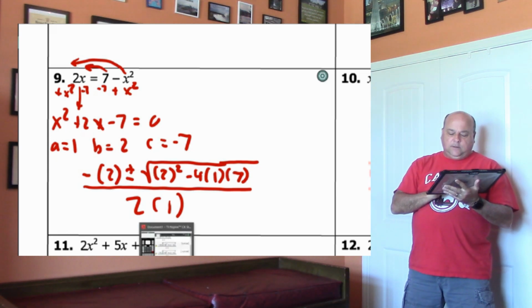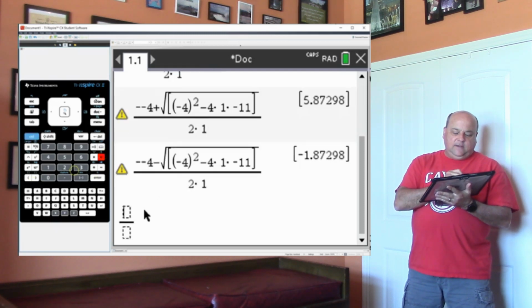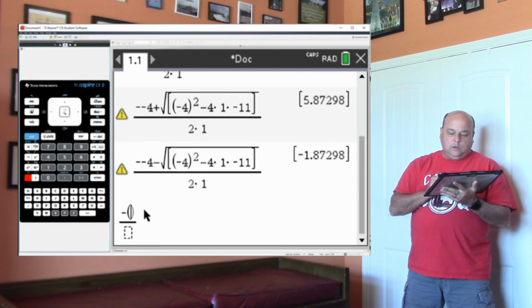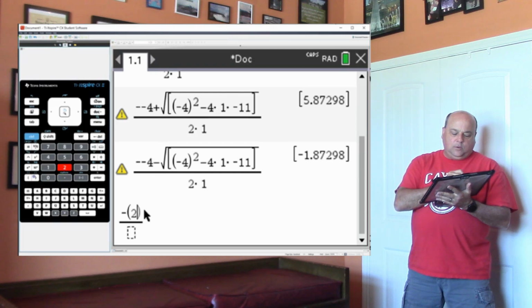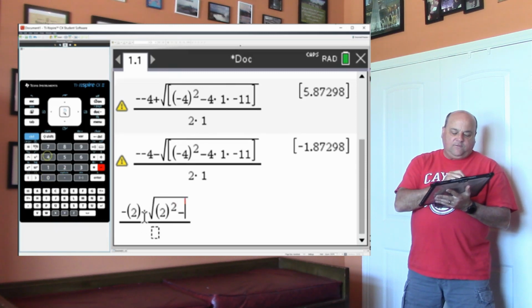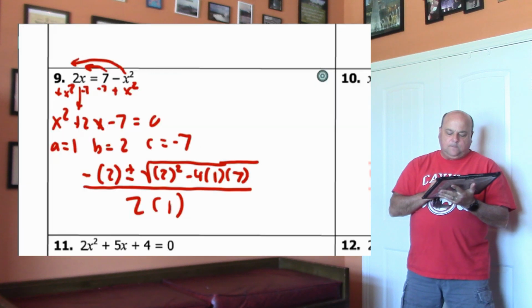Okay, so let's go to the calculator. I'm going to hit Control Divide, and then negative parentheses, and then the b was 2. So 2, close the parentheses, plus Control X squared, and then parentheses, 2 squared, close the parentheses squared, minus 4 parentheses, and then a is 1, close parentheses, and c was negative 7, right?